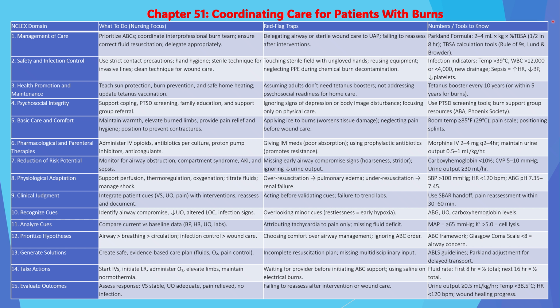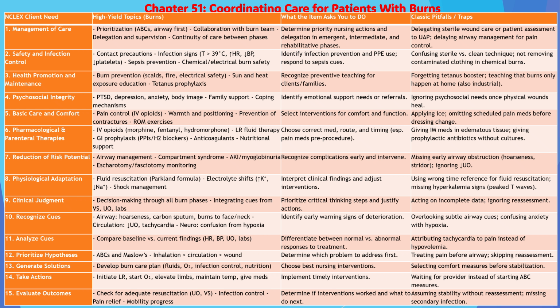So now we go to the next slide, similar to this. Here we have a very orange table. A little bit like high-yield topics for burns, what the items ask you to do, and classic pitfall traps.